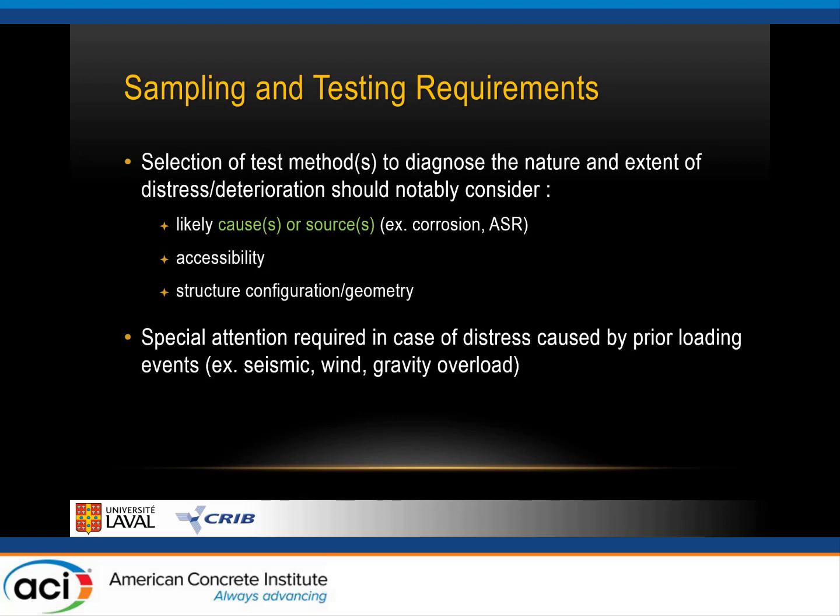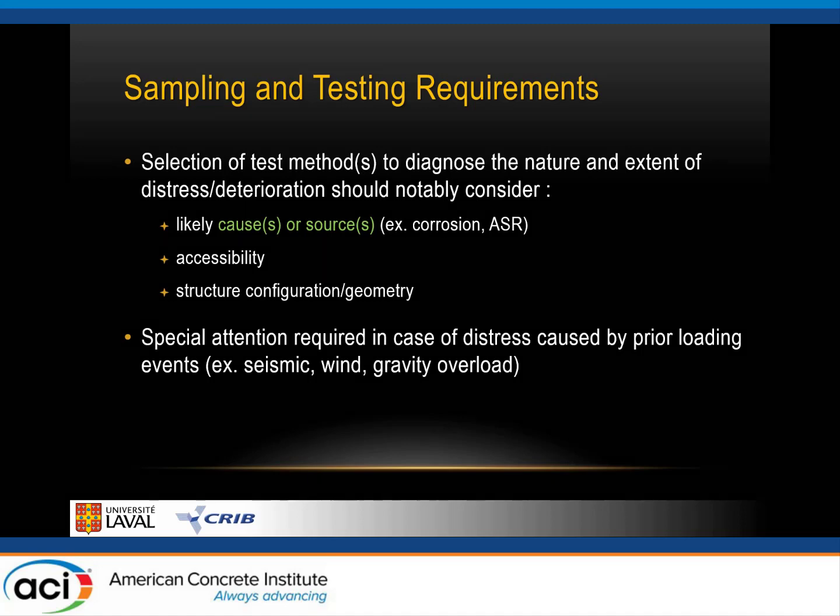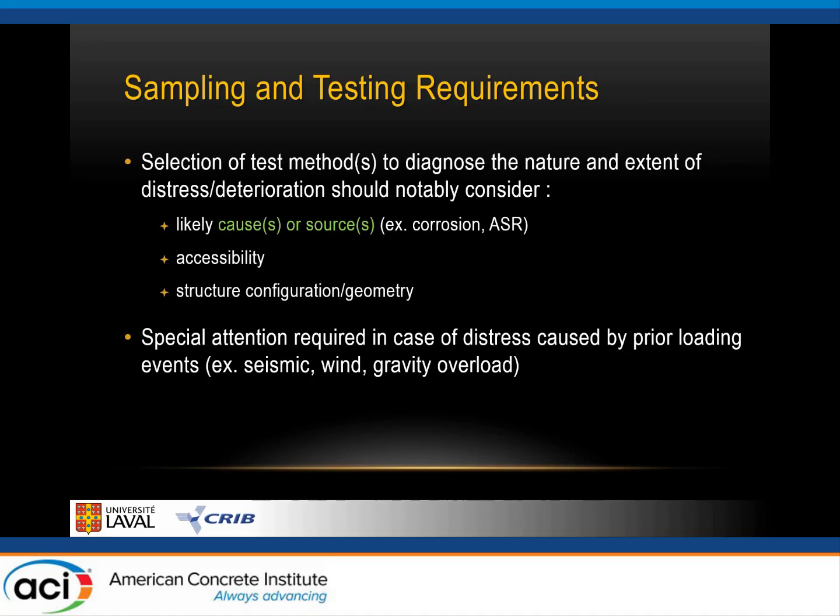And in some cases, extra care must be given to special or exceptional loading events that might have caused the problems that we want to assess on the structure. For instance, seismic, wind, or gravity overload that might have driven the actual problems that we want to identify and circumvent.